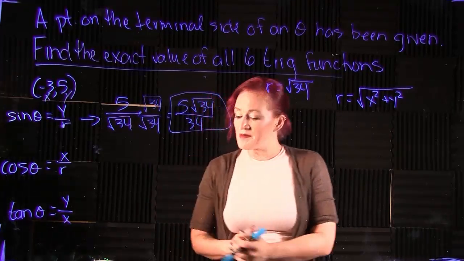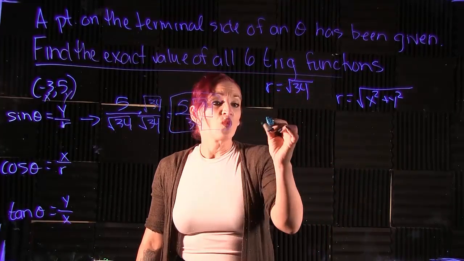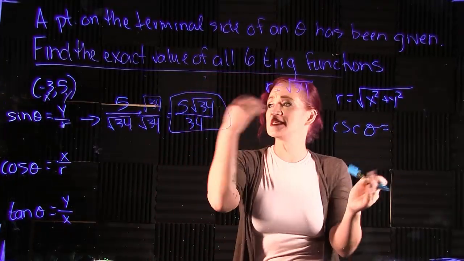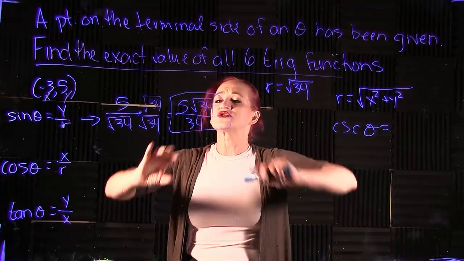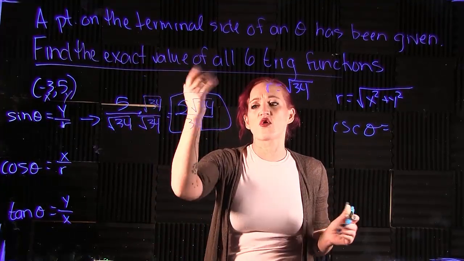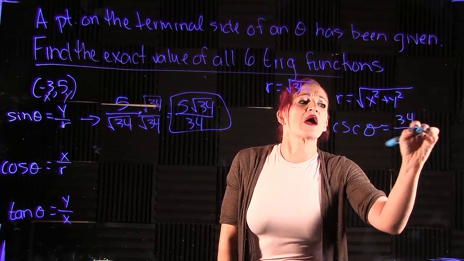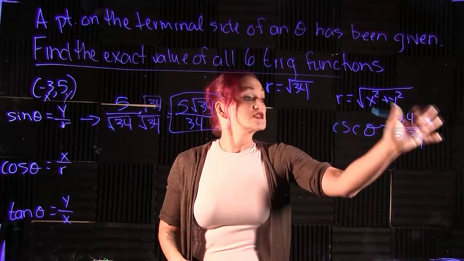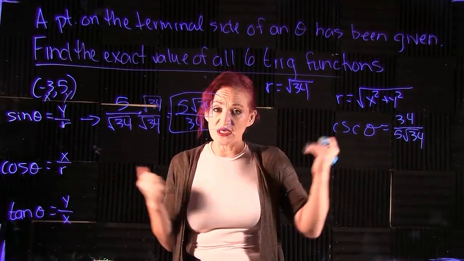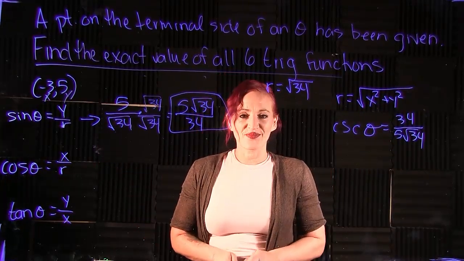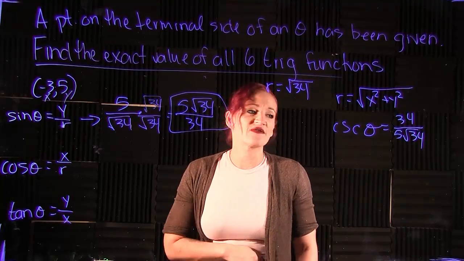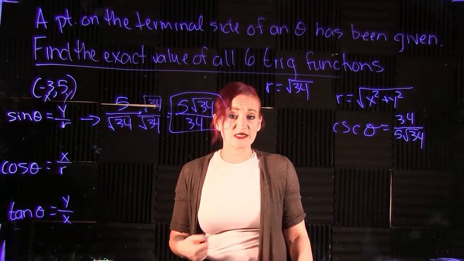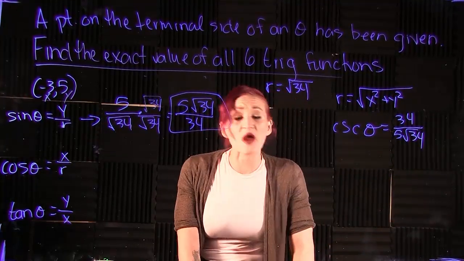Now, once we know sine theta, we can easily find cosecant theta, because cosecant theta is the inverse of sine theta. So take the 5 square root of 34 over 34, flip that around, and we get 34 over 5 square roots of 34. Simplify this, and that is what cosecant theta is equal to. Now, I'm old school. I like to simplify these by hand. If you type 34 over 5 square roots of 34 into your scientific calculator, it should simplify that radical for you.